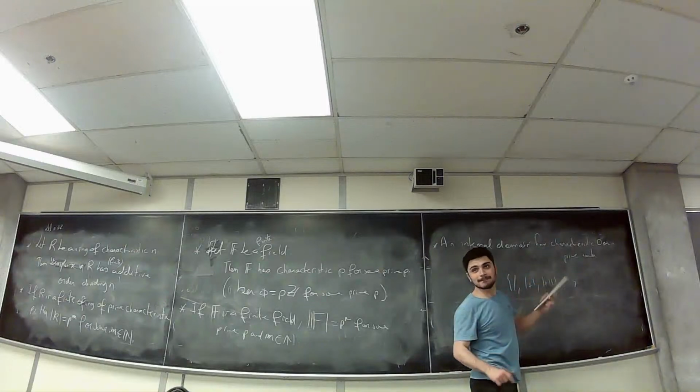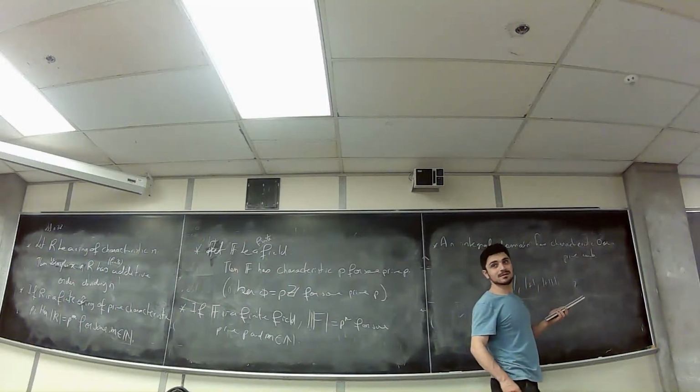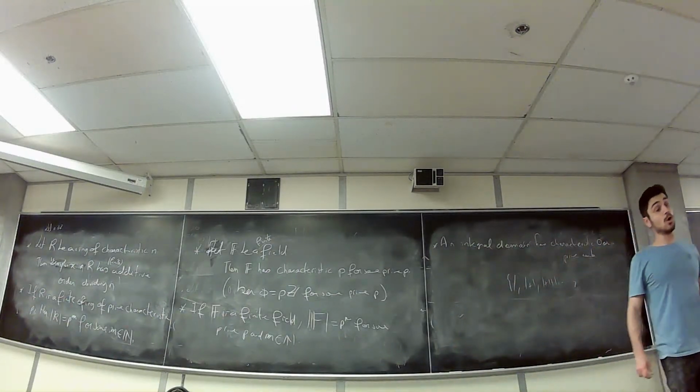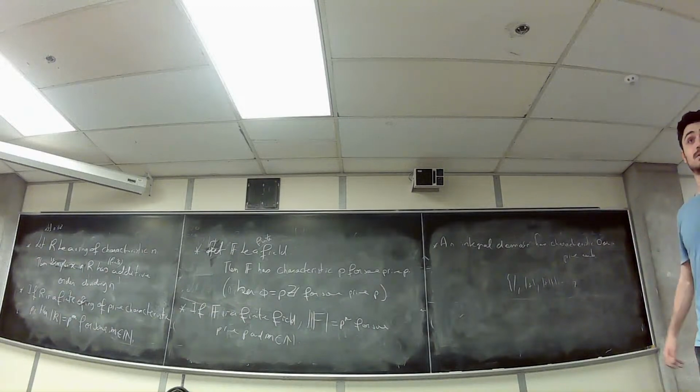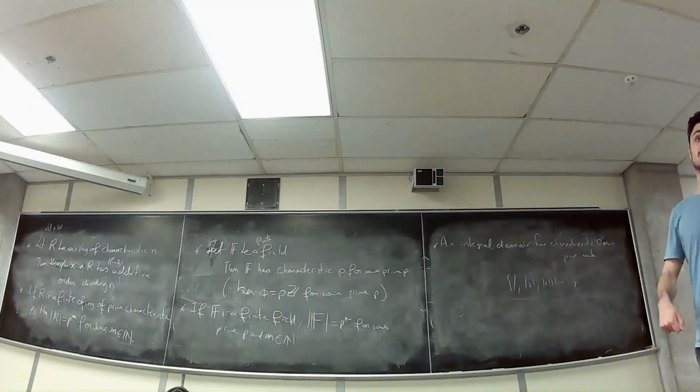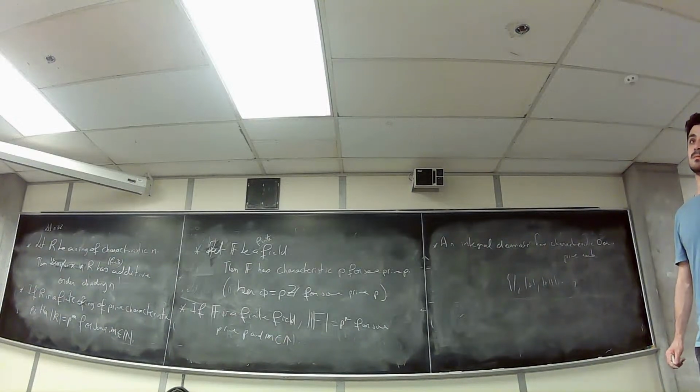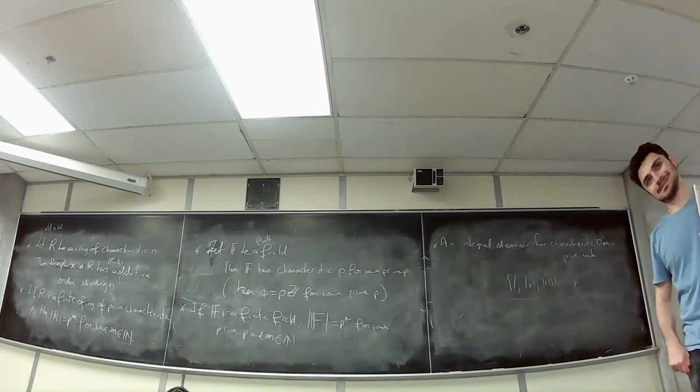Someone raised their hand. Did you just say that since it's an integral domain, it's a field? No, because it's not necessarily a field. A field is an integral domain. Z is an integral domain, but not a field. A finite integral domain is a field.